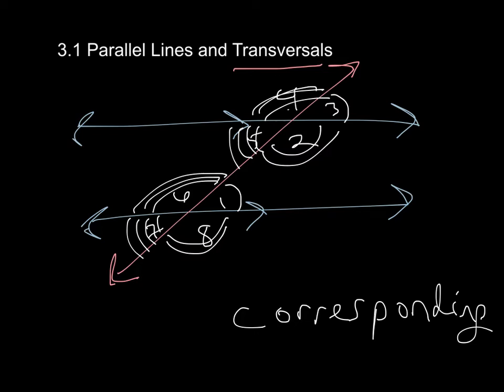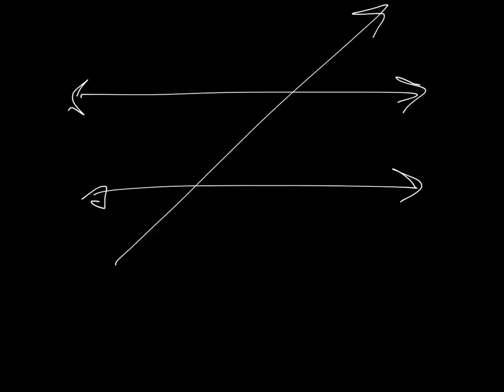Okay, so let's look at an example. Let's draw our parallel lines and our transversal. Okay, if this measurement is 120 degrees, I want you to find angle 1, 2, and 3.